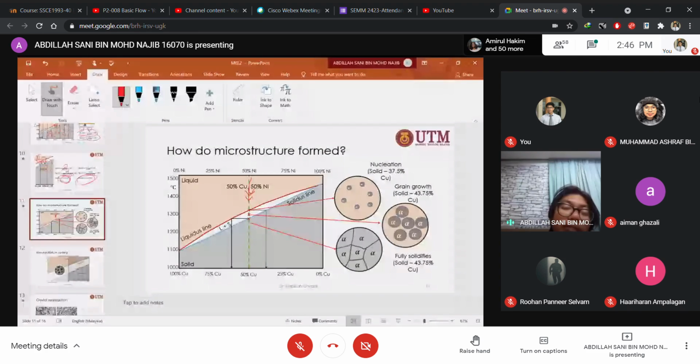We clear it off little by little. We reach this point where the nucleation starts to occur. Okay, so from this point, you draw the tie line. Okay, tie line.